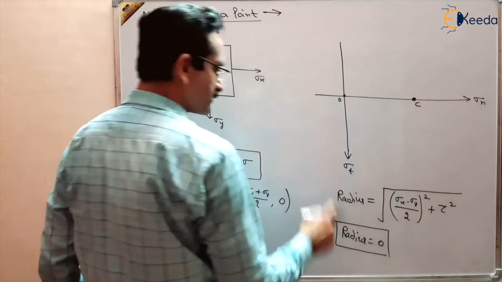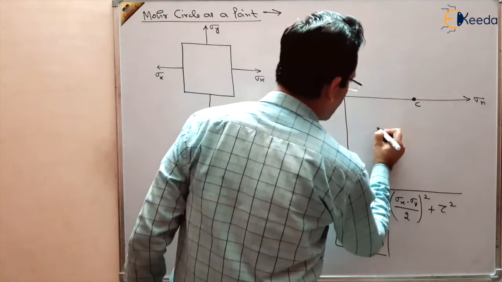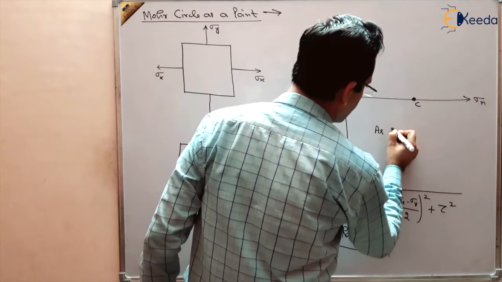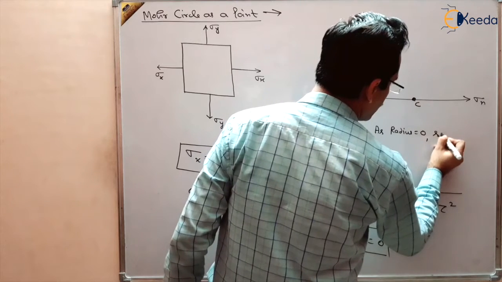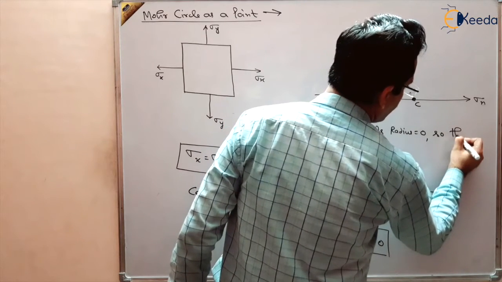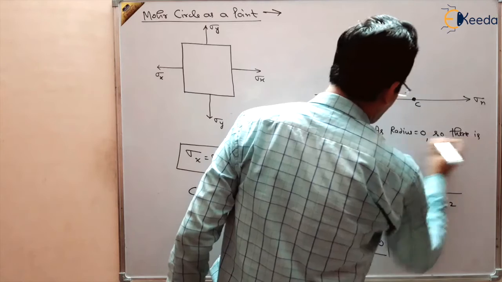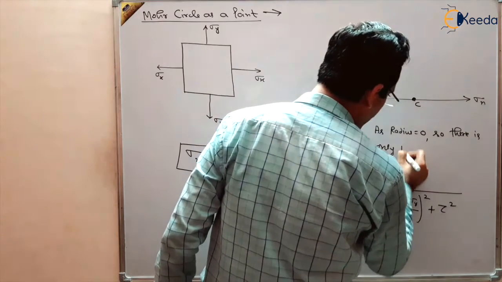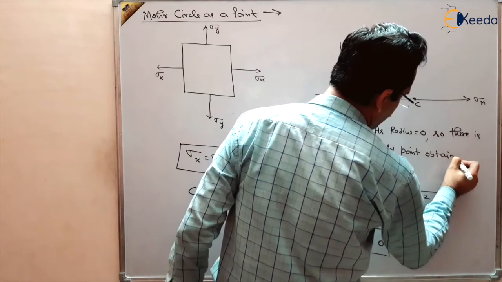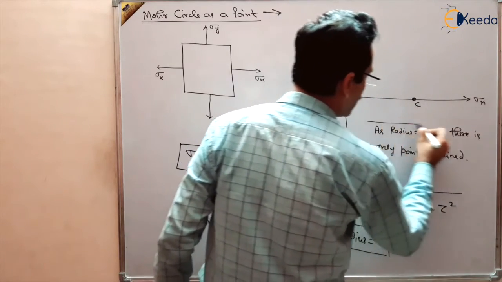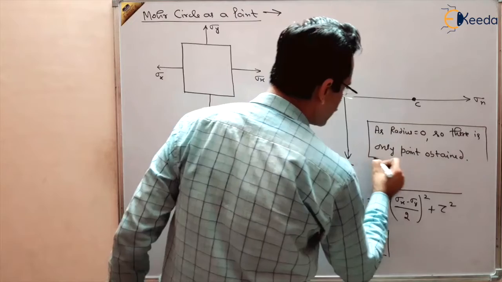So in this case, as the radius is 0, there is only a point obtained. We have obtained only a point because there is no radius.